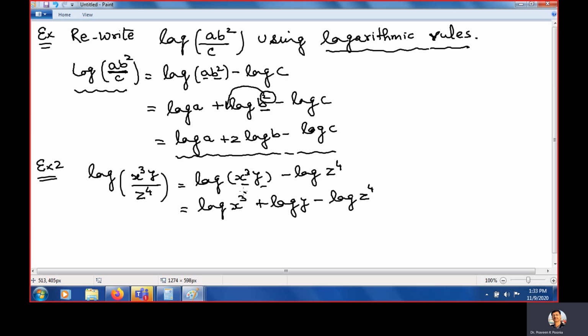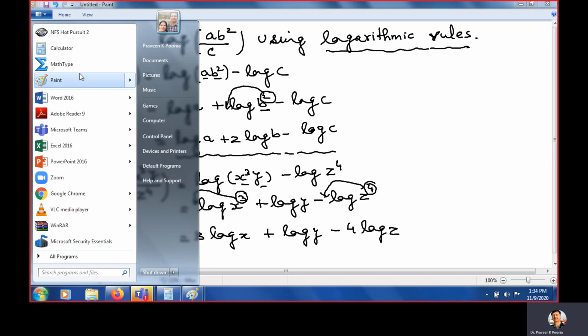Clear? Now this power will be shifted here. So how will it be? 3 log x plus log y minus 4 log z. So this is the answer. Understand? So this is how to reduce any logarithmic function into expansion form using the logarithmic rules.